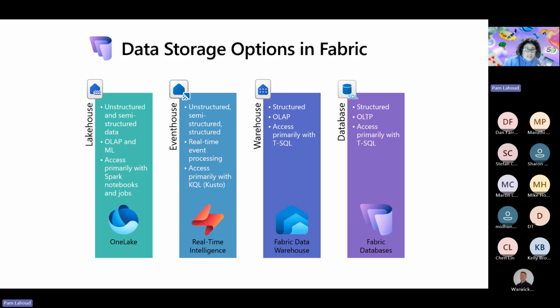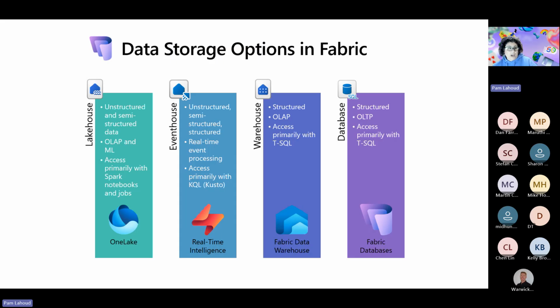Now, if you have real-time data, so let's say you have sensors coming in or logs where you have lots of events coming in quick succession, and you want to do some analysis on the fly, that's what event houses are great for. So this is real-time intelligence, or RTI. This is great for, like I said, processing logs, processing sensor input or whatever, especially if you want to take action based on a certain kind of event.